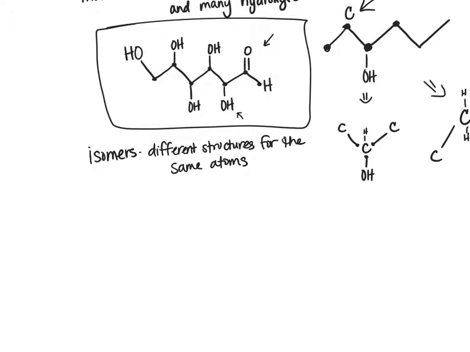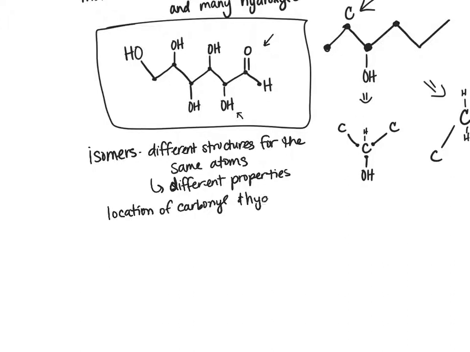And remember, isomers are different structures, and so they have different properties. This is where we get that the location of those carbonyl groups and the hydroxyl groups matters, and that's because they function differently.